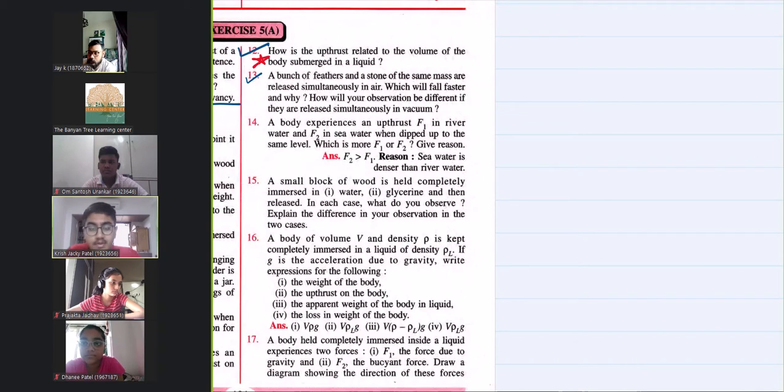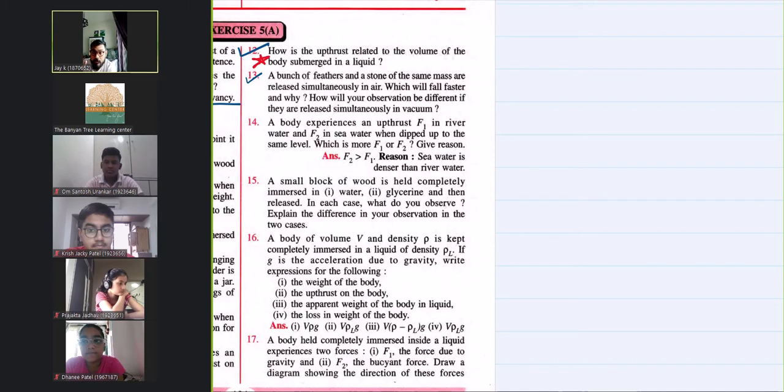Exactly. Very good. Correct. Sir, can you help me to frame it? Yes, I will help you. So when you release a bunch of feathers and a stone from a certain height in air, they both experience upthrust. But since the weight of the stone is greater than the upthrust experienced by the stone, it falls faster.